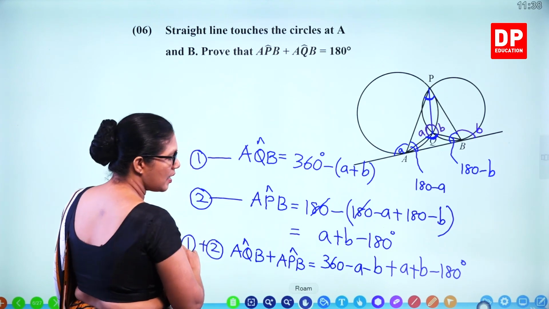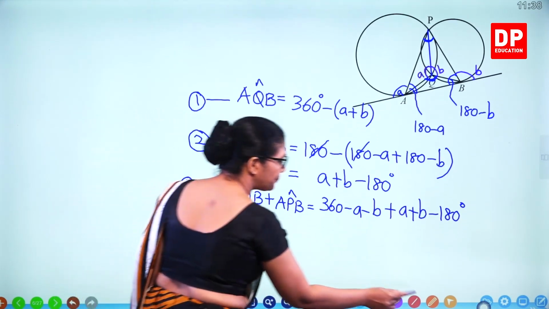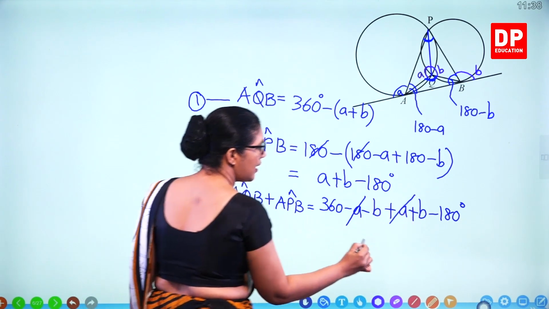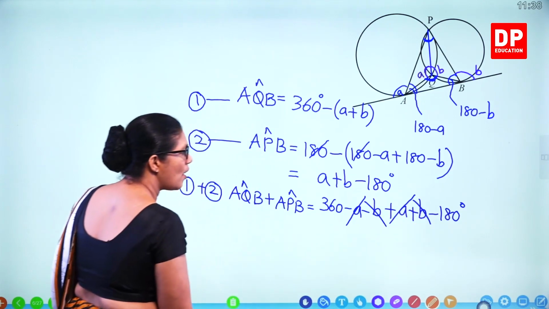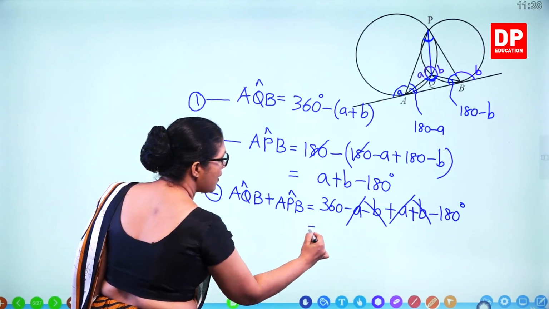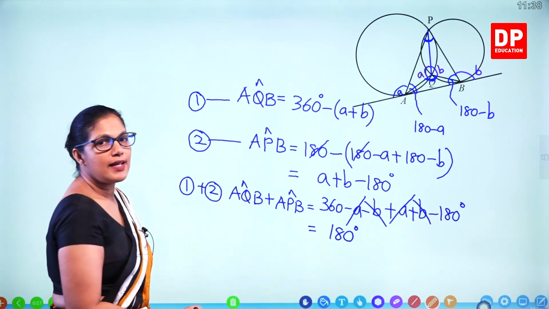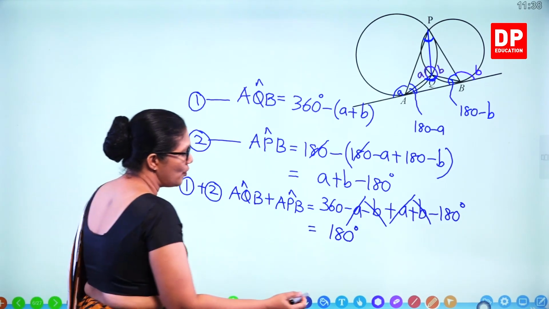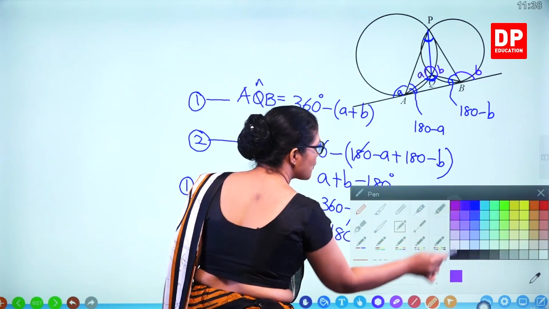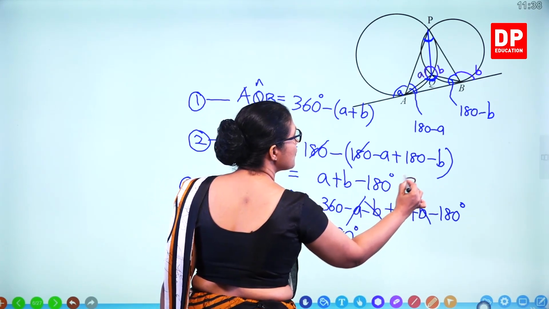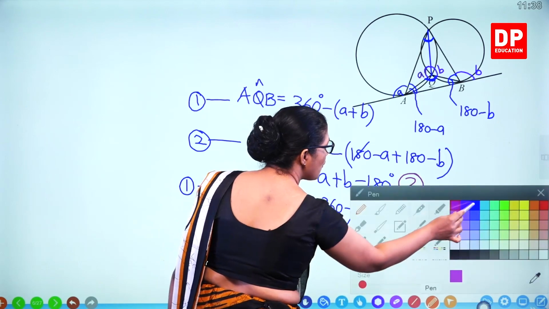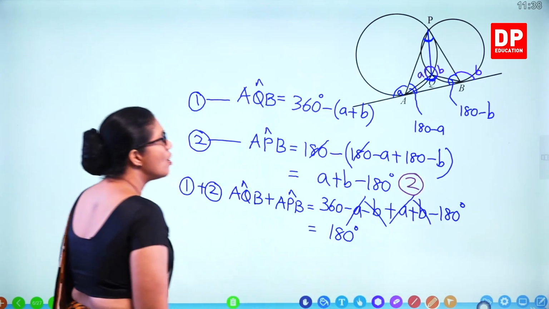Now can you see A and B get cancelled out? A and B get cancelled out. 360 minus 180, that's 180. So that's what we need to prove. So you get 2 marks for that, showing that the sum of the two angles adds up to 180.